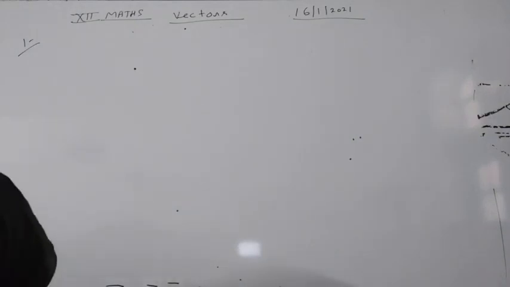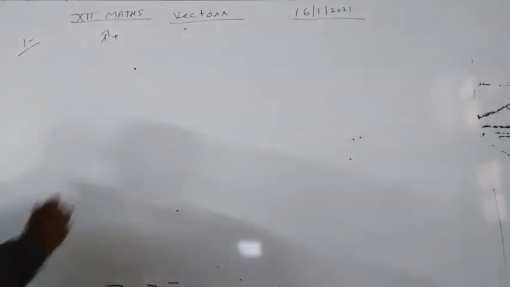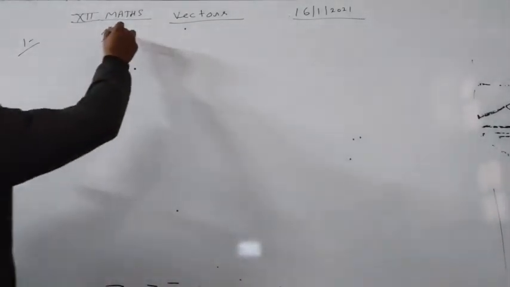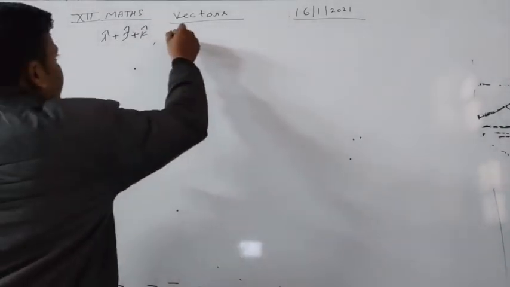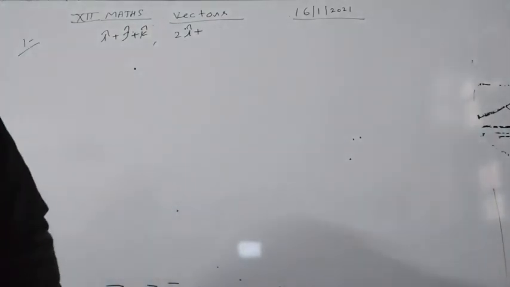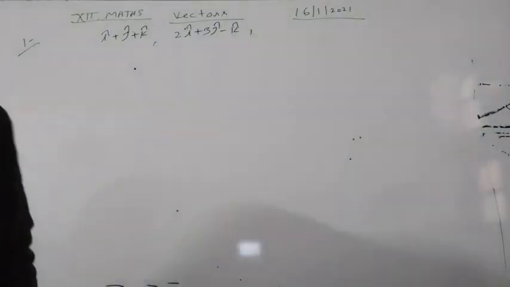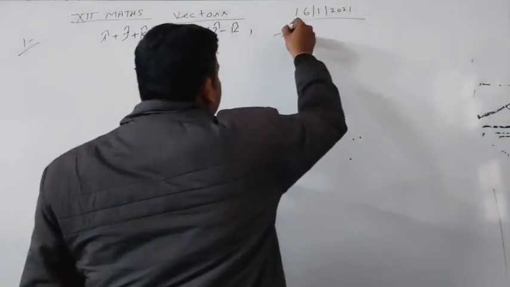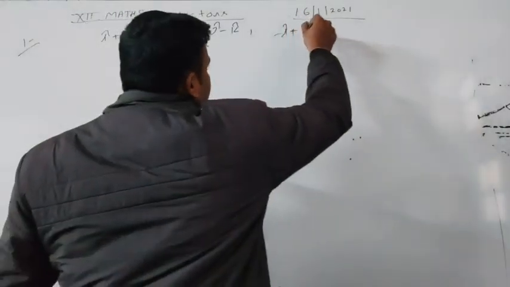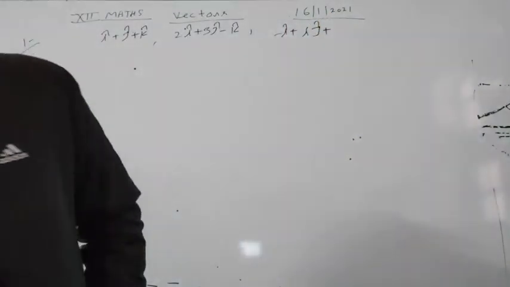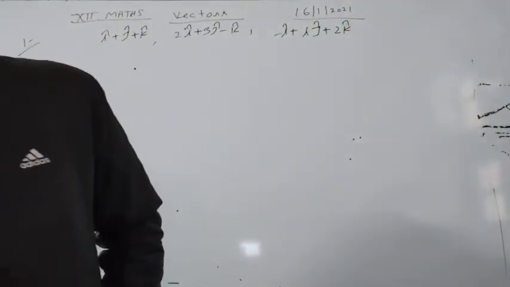Find the value of lambda so that the vectors i plus j plus k, 2i plus 3j minus k, and minus i plus lambda j plus 2k are coplanar.